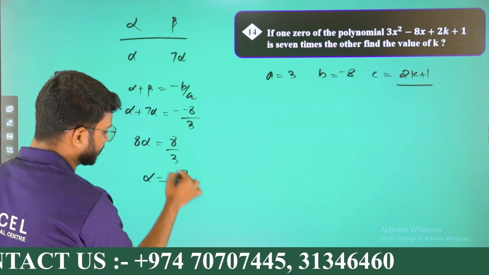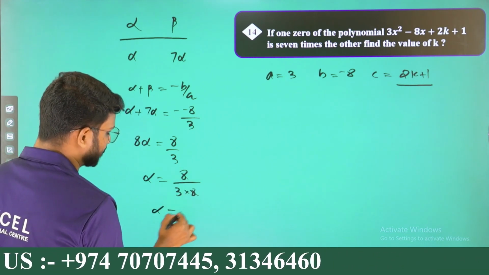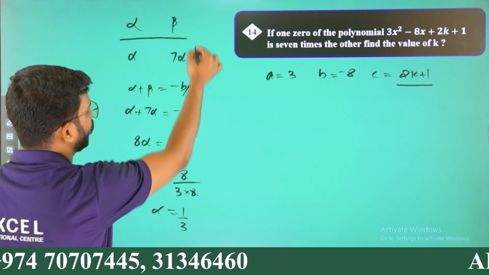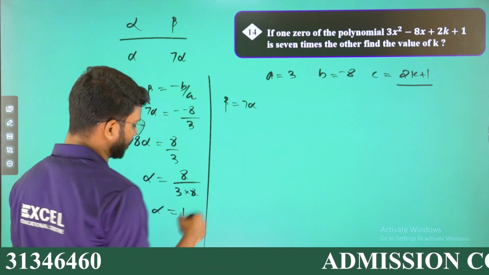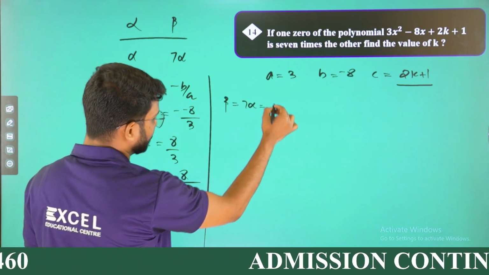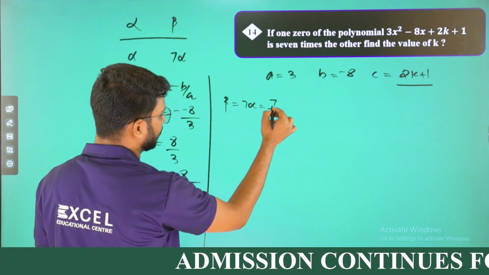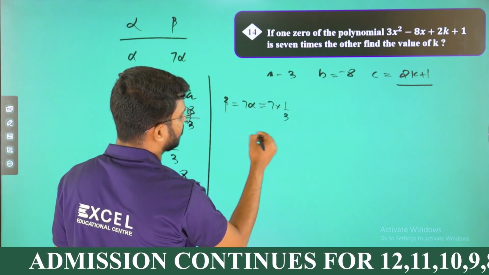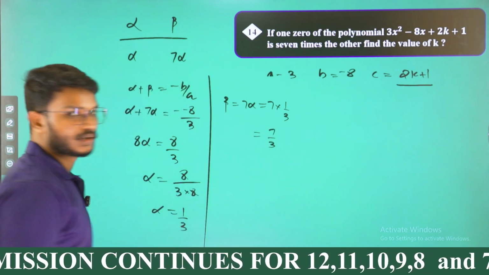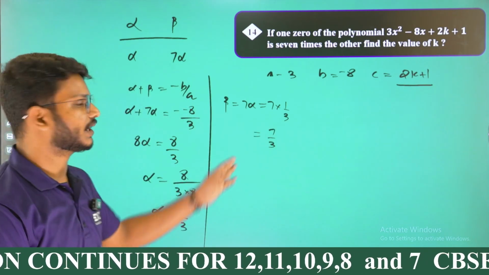We can cancel this 8, so alpha is equal to 1 by 3. Then beta is 7 times alpha, so 7 into 1 by 3, which is equal to 7 by 3.